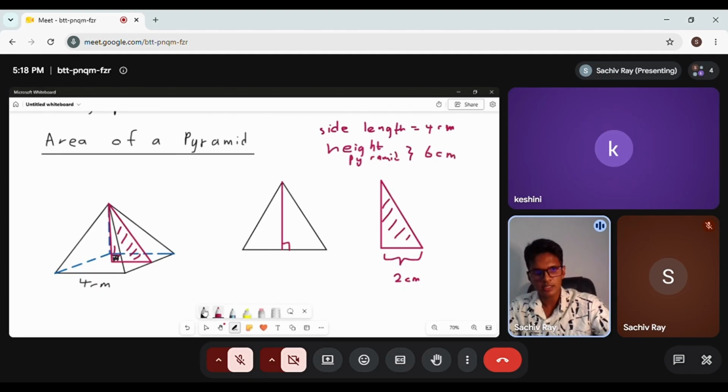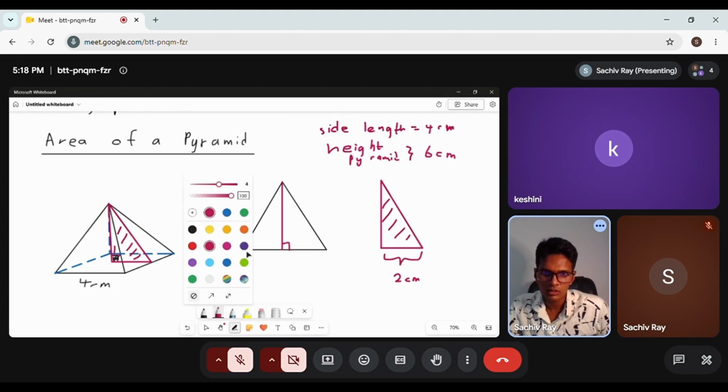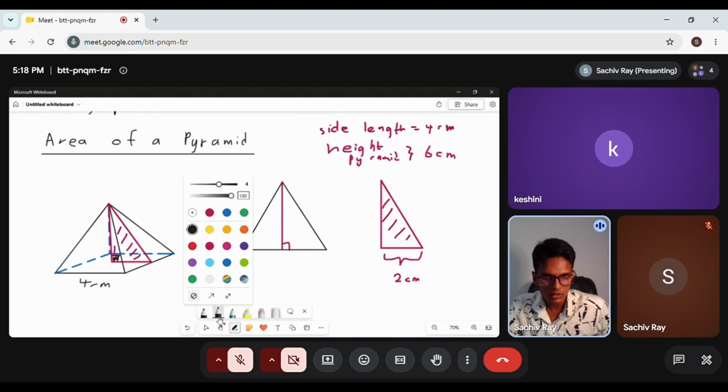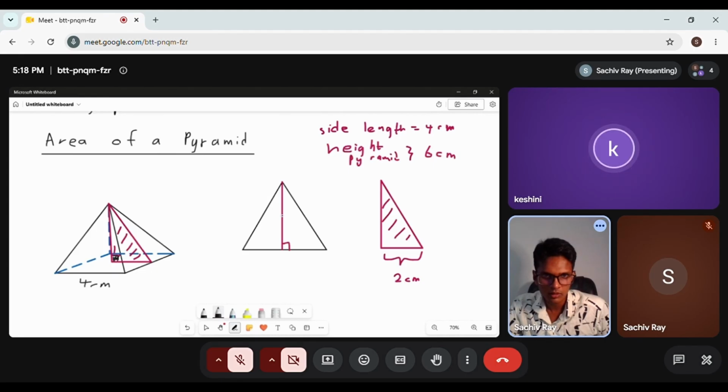So which height is it? Is it the height of the face or the height of the pyramid? The height of the pyramid. So is it this perpendicular height? No, it's not the slant height. It's the height from the bottom of the pyramid to the top tip.